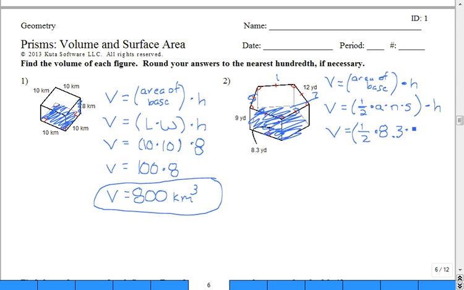I have 5 sides. Each side is 12 yards long. And the height of my figure is 9 yards. So I'm going to plug that in my calculator. And once I plug that in, I determine that the volume of this solid is 2,241 yards cubed.